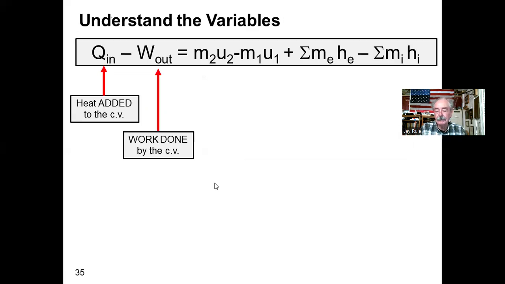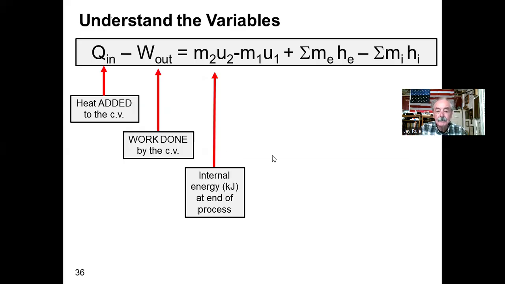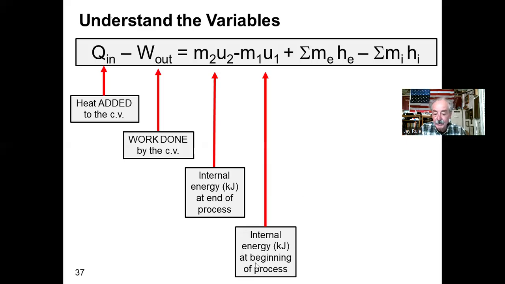Okay, let's dissect the terms in this statement of the first law: open system, transient process, uniform state, uniform flow. Left-hand side: heat added to the control volume during the process, work done by the process. m2 u2, the internal energy at the end of the process, minus m1 u1, the internal energy at the beginning of the process.